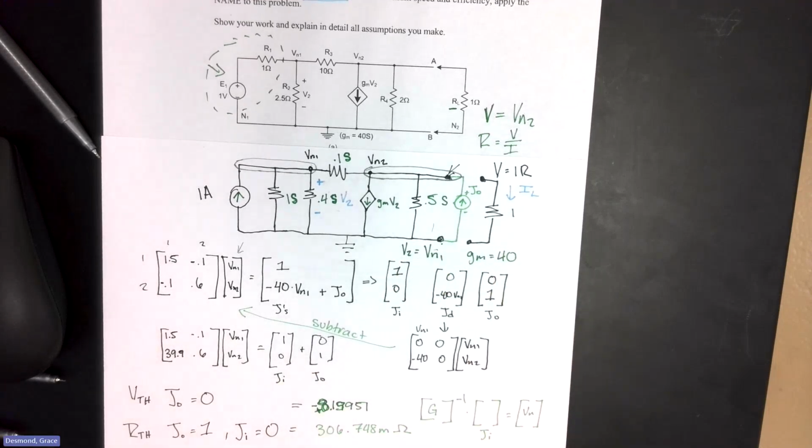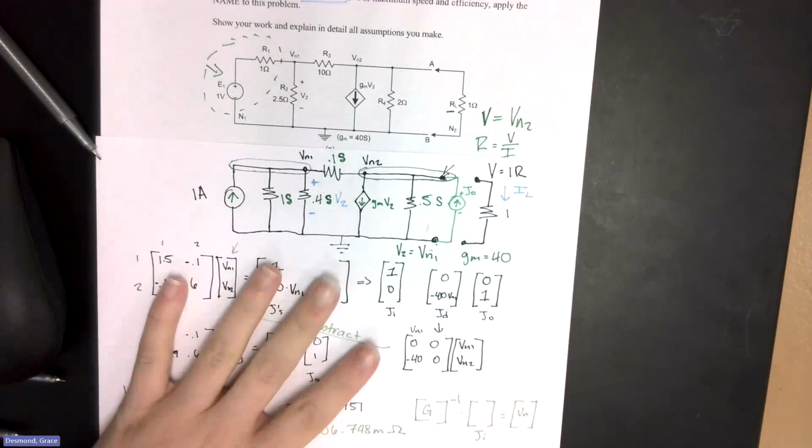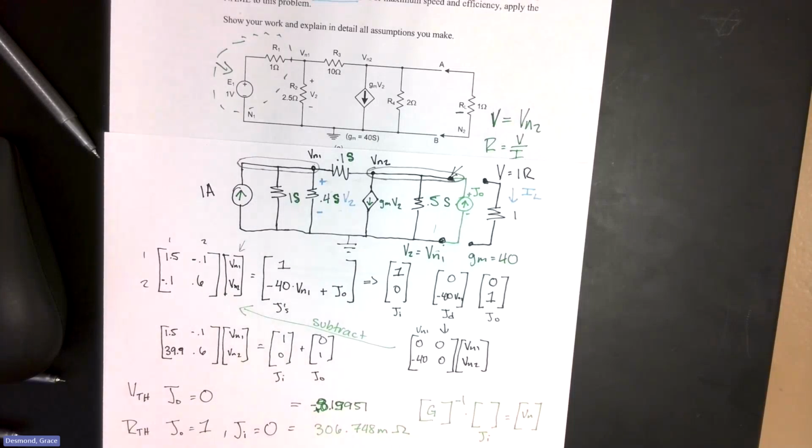And then for the resistance, it's kind of weird that we set Ji equal to 0, but I don't know if you really taught Thevenins and Nortons from the brutal way to do it. The brutal way to do it is you turn off all of the sources.